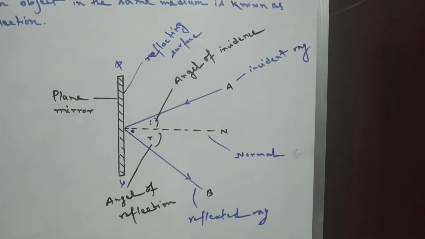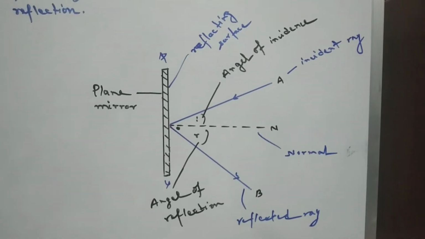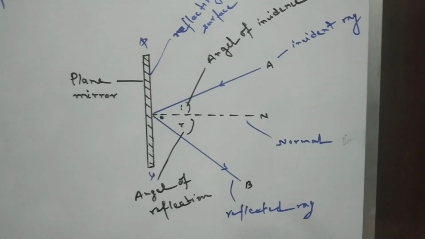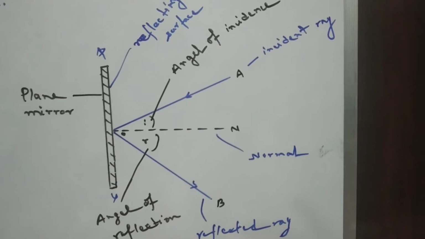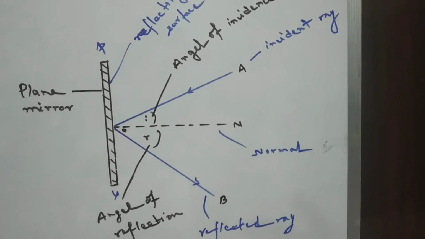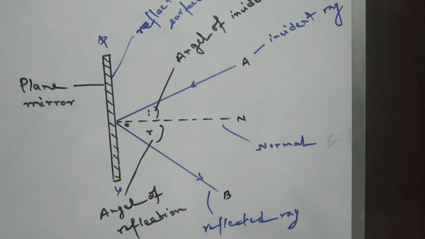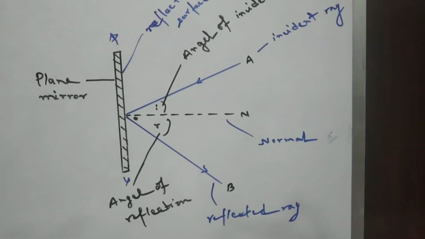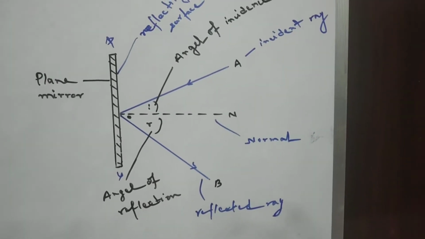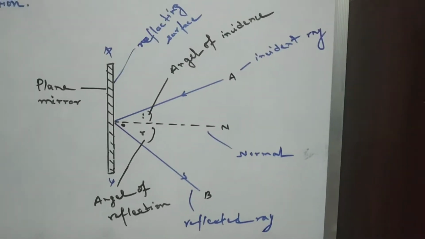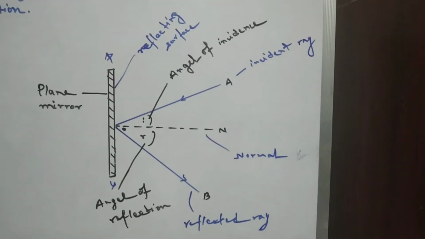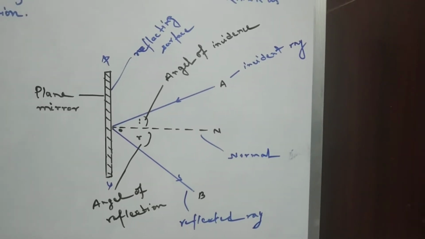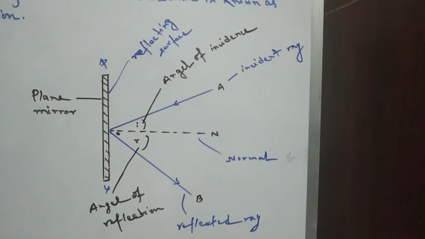So when the light ray falls on that reflecting surface, it is known as the incident ray. First you have to imagine an imaginary line perpendicular to that reflecting surface. Suppose this is ON.